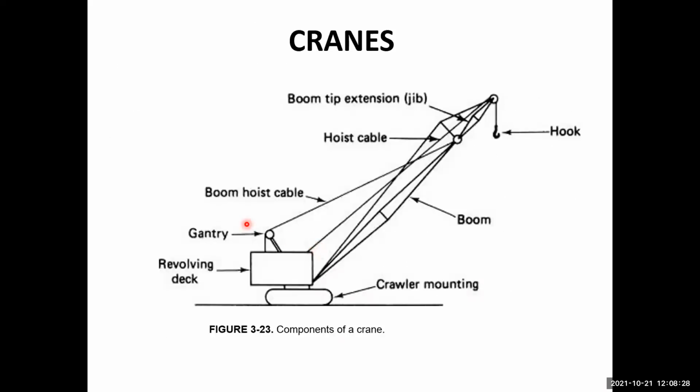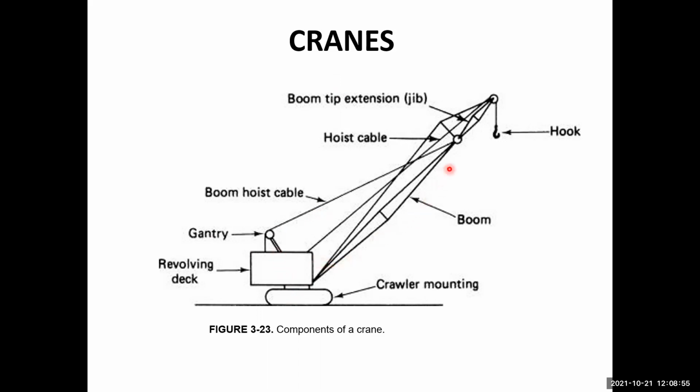So the cranes consist of, for example, if you just take like a crawler mounting crane, it will start from the crawler mounting. Then there will be a revolving deck where normally for this type of crane, the operator will sit.